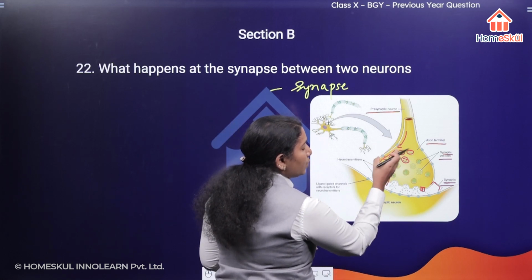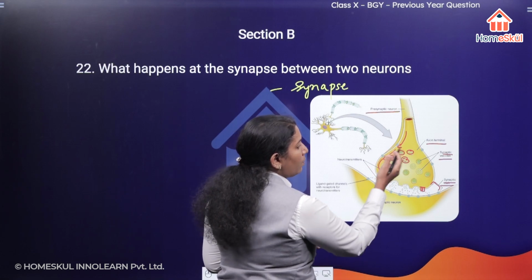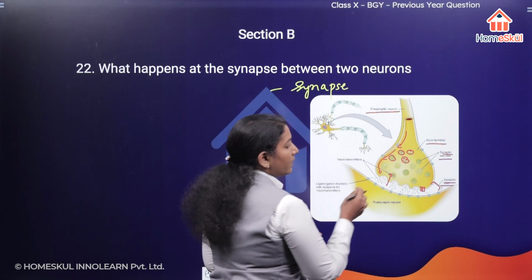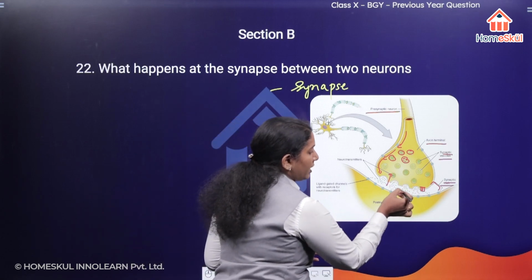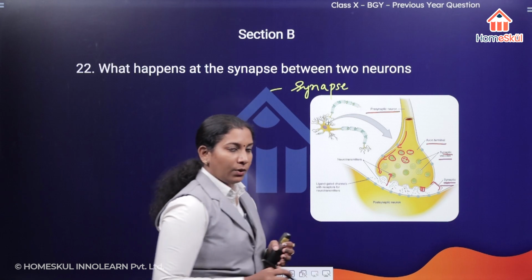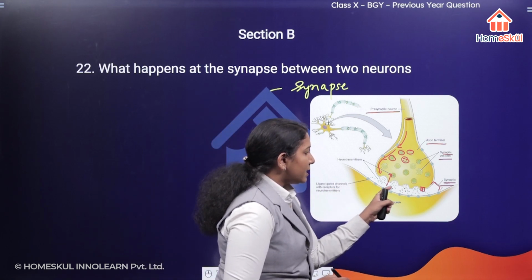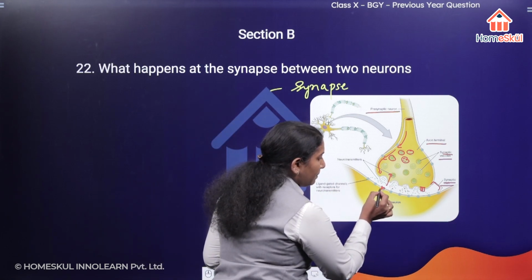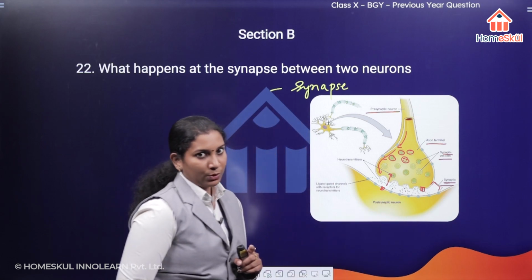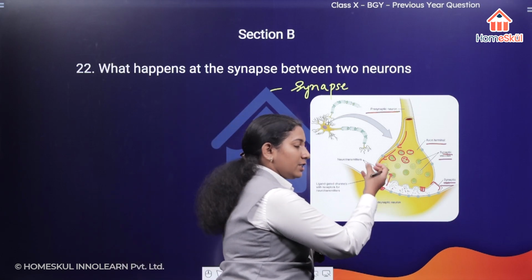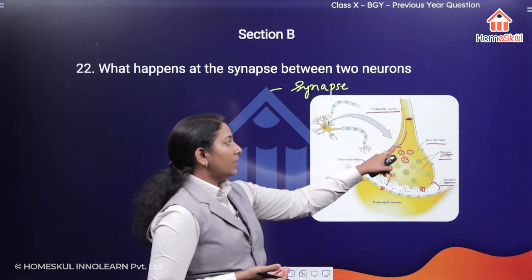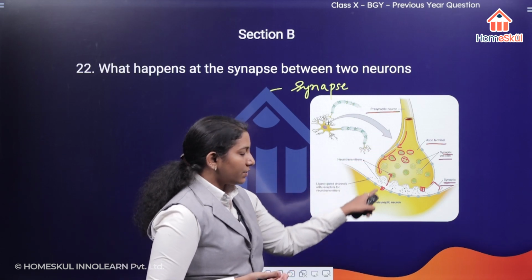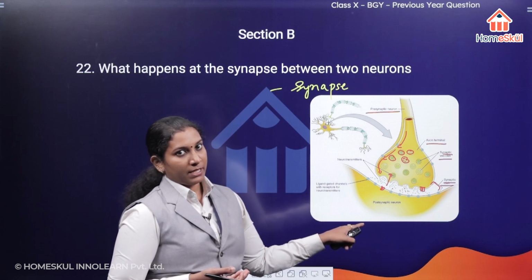Due to that generated impulse, these vesicles will be forced to release the neurotransmitters to the synaptic cleft. Then these neurotransmitters will bind to the receptors present in the postsynaptic neuron. Then the information will be transmitted along to the next neuron, from one neuron to the next.